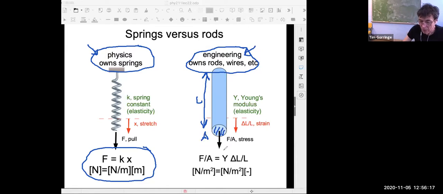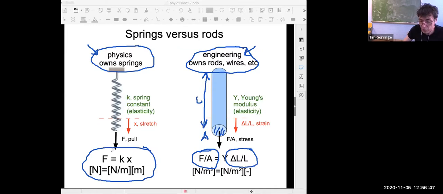And the deformation of the rod is expressed in terms of what causes the deformation. It's the force divided by the area that we call stress. The resulting deformation, that's the elongation, the change in length, delta L, divided by the original length. We call that the strain.